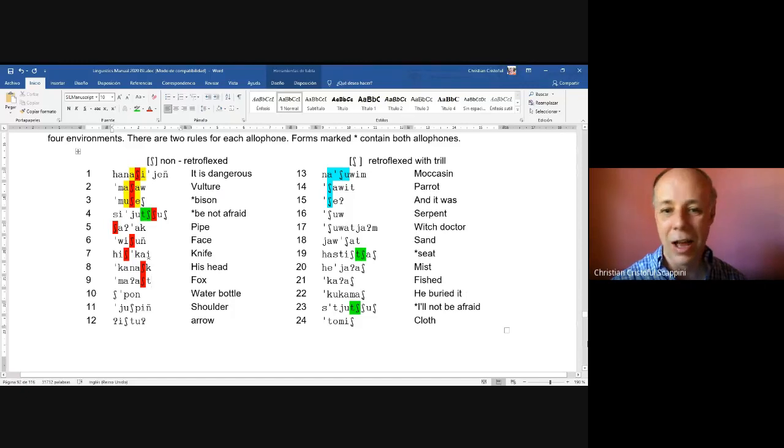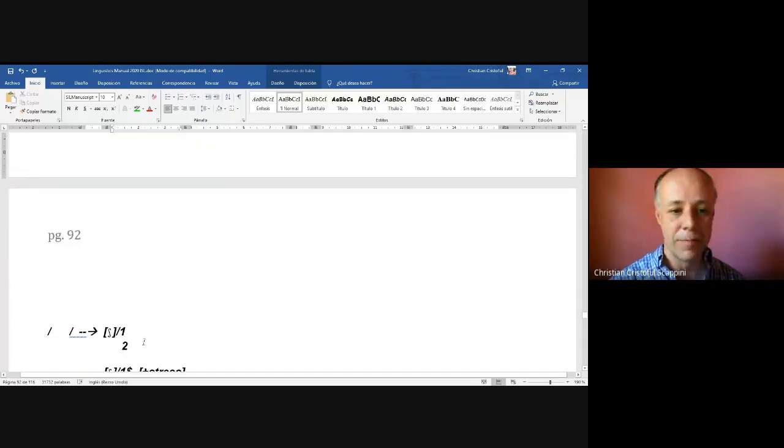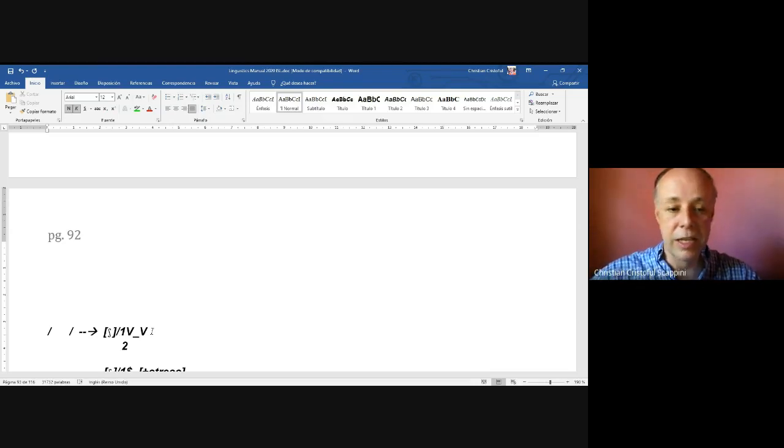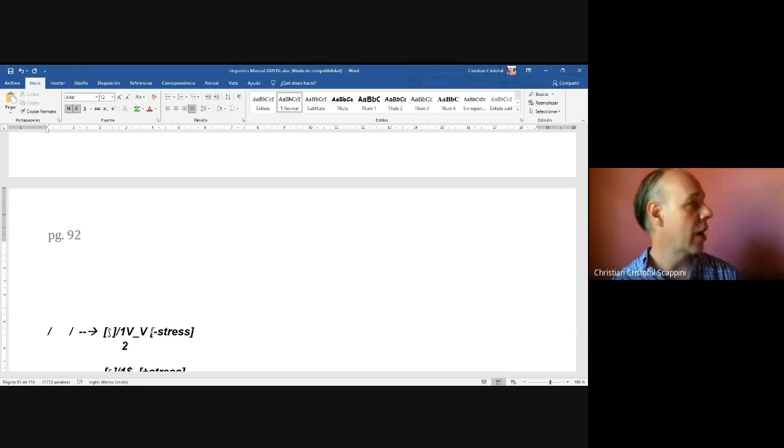So for this one, I will say that the more consistent one would be in intervocalic position, but in an unstressed environment. But for number 2, we have so many rules. We have syllable initial, syllable medial, and syllable final.